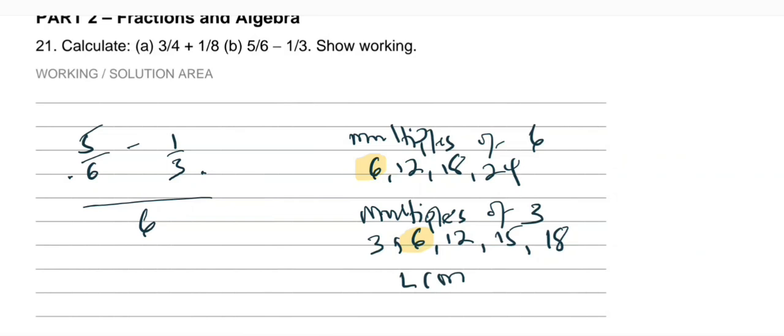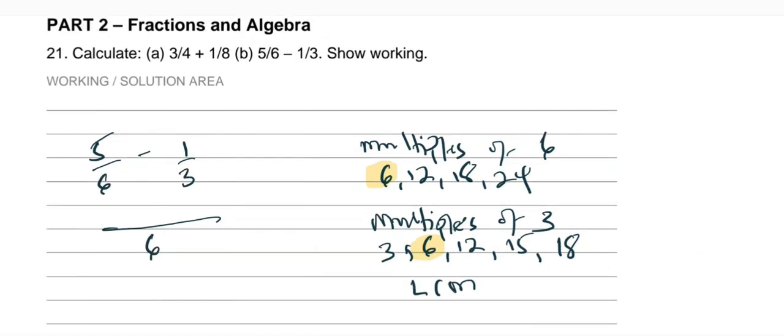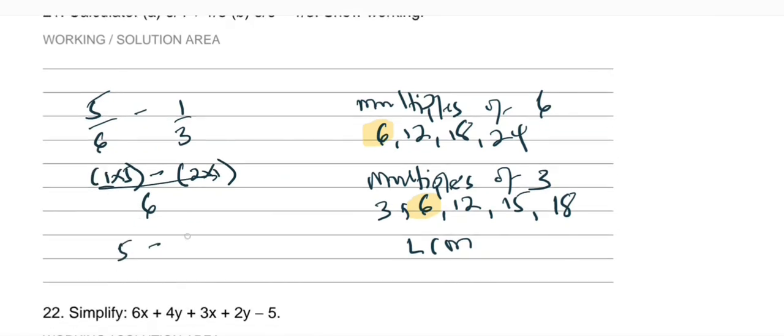So we do the same thing like we did the previous one. 6 will go into 6 once. So that will be 1 times 5, minus 3 will go into 6 how many times? 2 times 1. So this will be 5 minus 2 over 6. And that will give us 3 over 6.